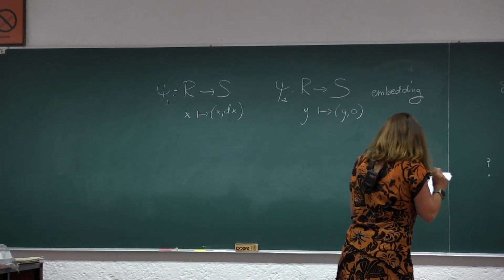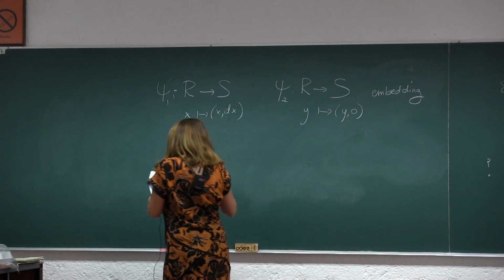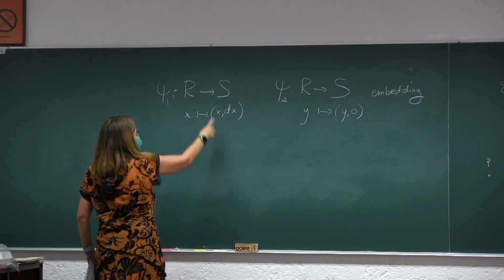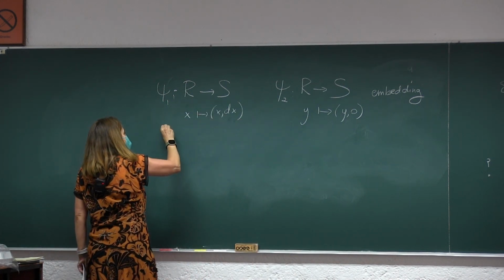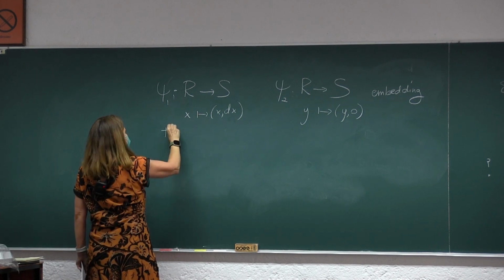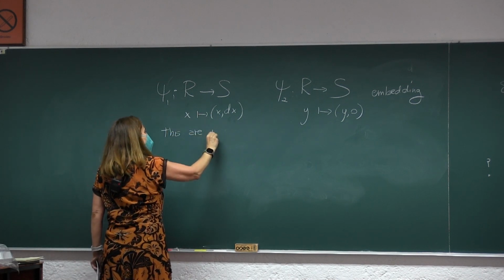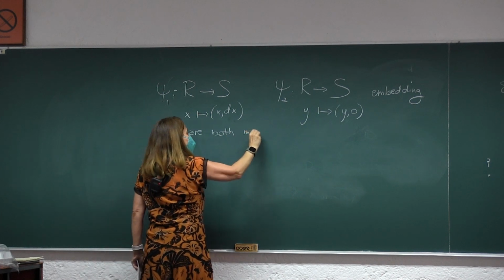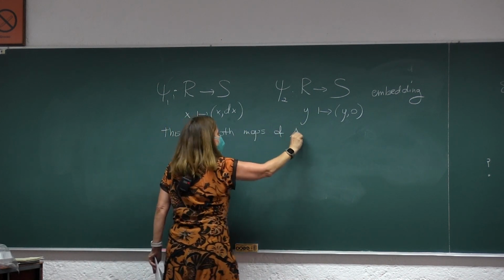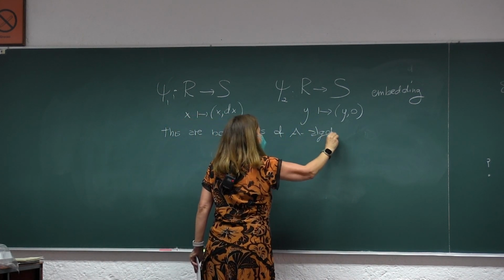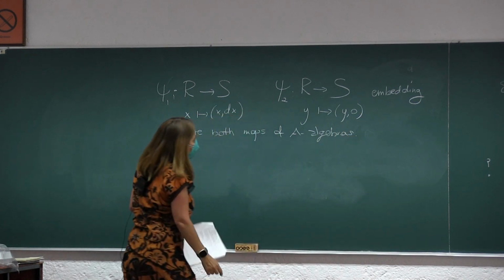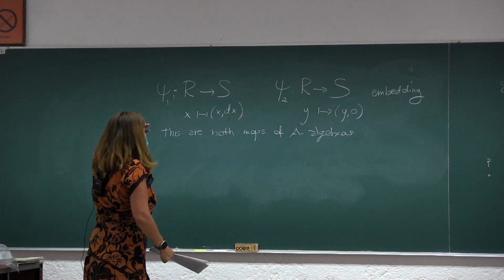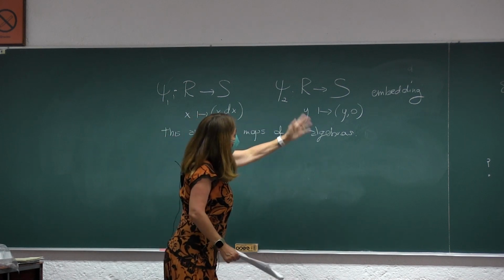Actually, they are maps of A-algebras, because of the way the thing is defined. This is obviously a ring homomorphism, just the embedding.